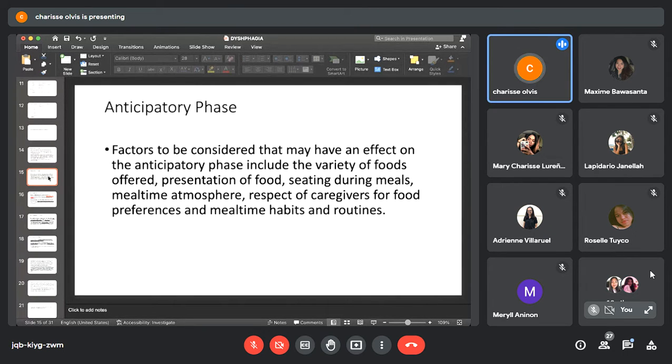Because, for example, talk about caregivers, some clients may need assistance or supervision if they have dysphagia, because the possibility of choking and aspirating is high, especially given the disorder.